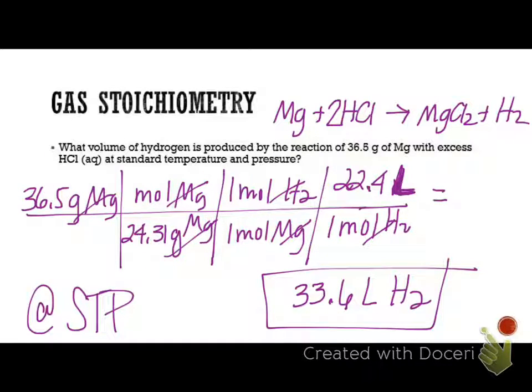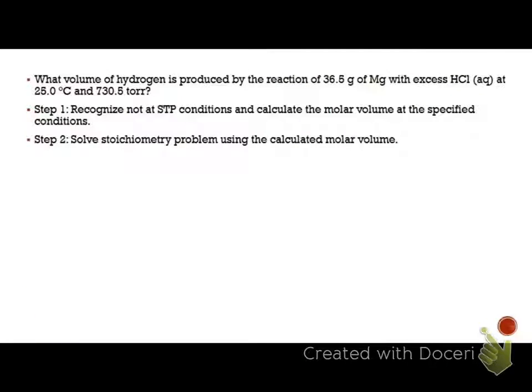But what if we're not at standard temperature and pressure? Then we have to do something a little bit different. So when we are not at standard conditions, like here, because we are at 25 degrees Celsius and this many torr, the first thing we need to do is say that temperature is going to be 298 K, which is not standard, and we're not in atmospheres, so we have to convert to atmospheres. We'll do 730.5 torr.